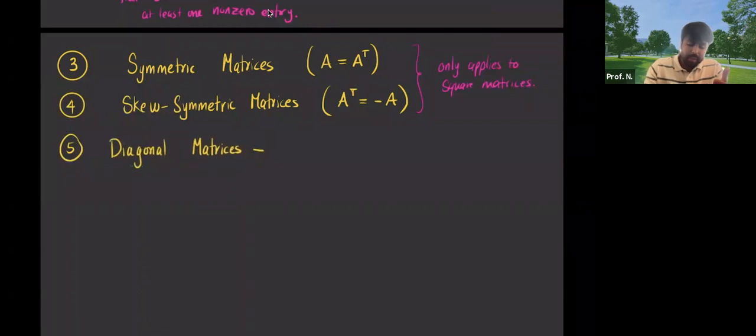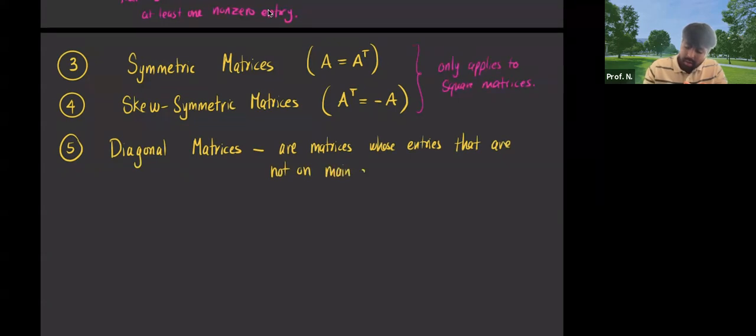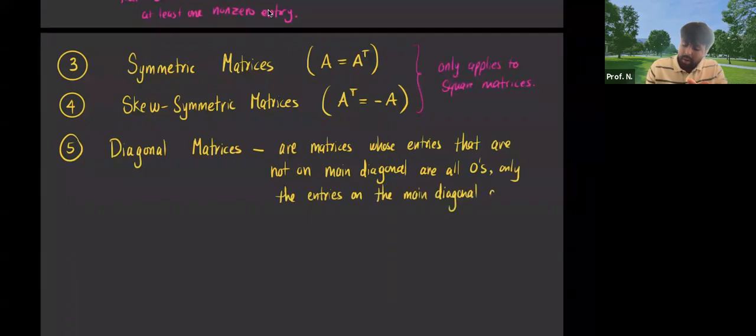So far, diagonal matrices are matrices whose entries that are not on the main diagonal are all zeros, and only the entries on the main diagonal are non-zero.